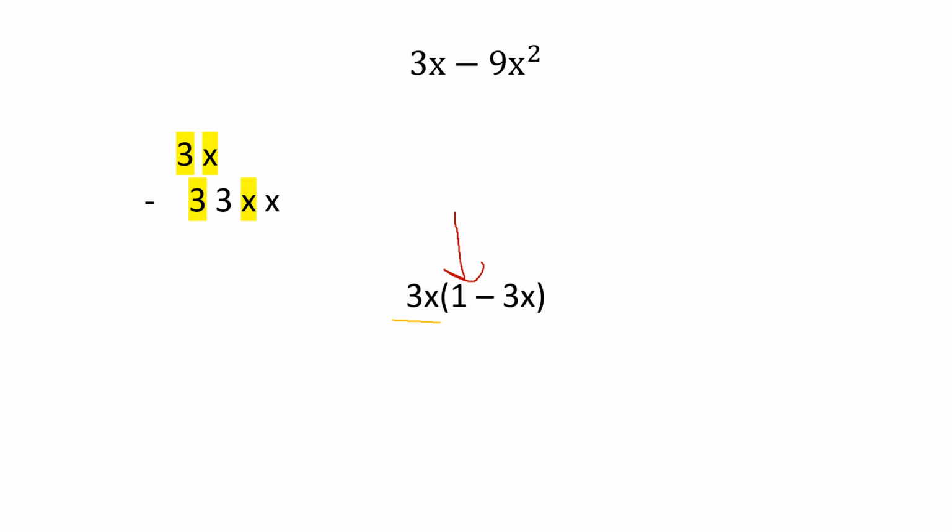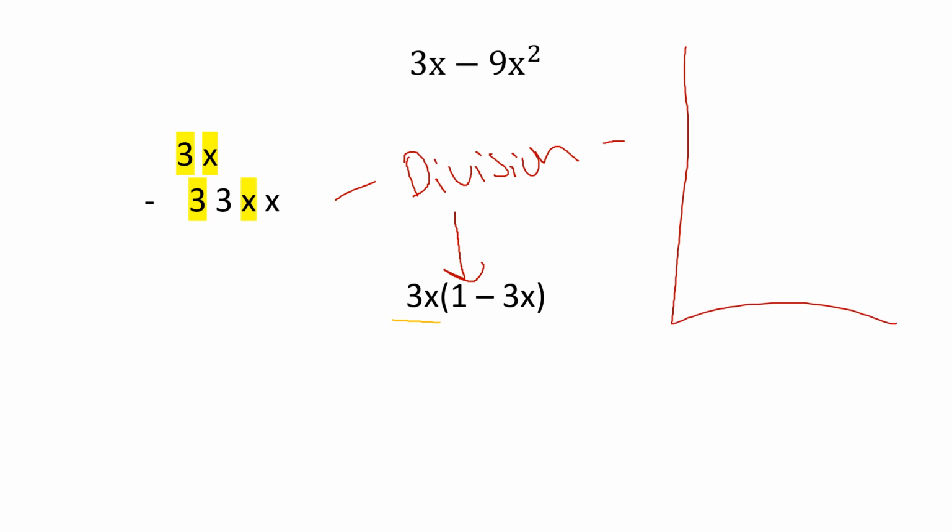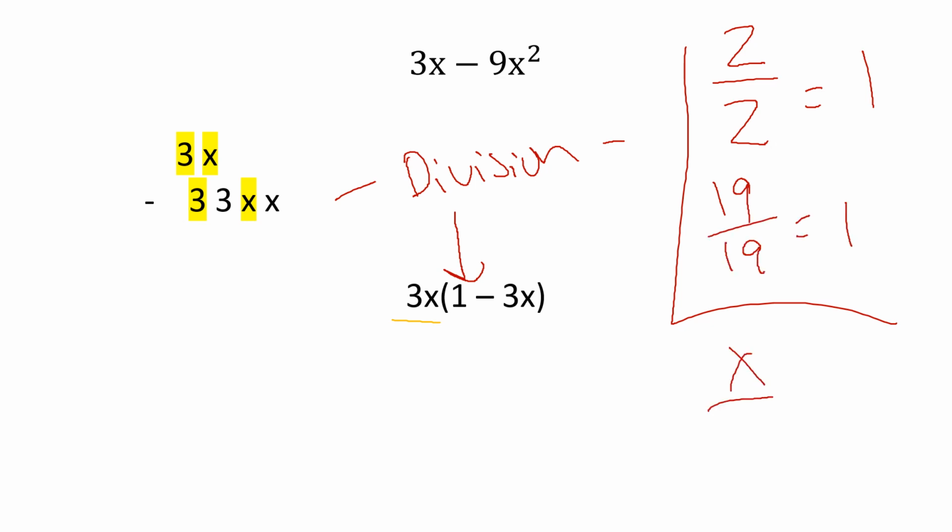But the operation that is technically happening is division. If I take a detour for a minute: 2 divided by 2 is 1. 19 divided by 19 is 1. x divided by x is 1. 3x divided by 3x is 1.